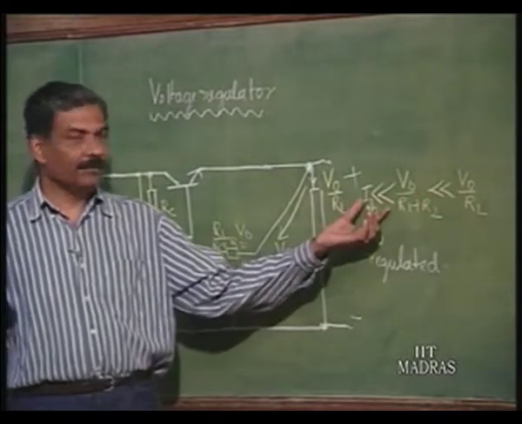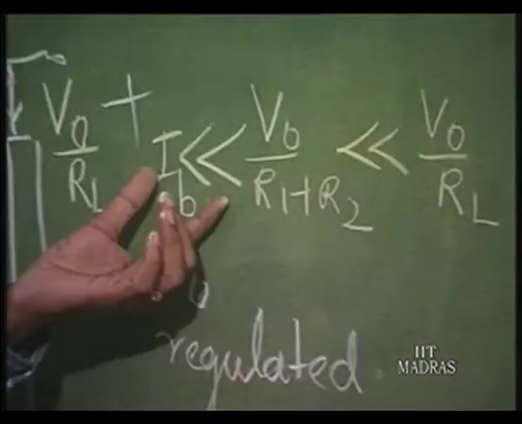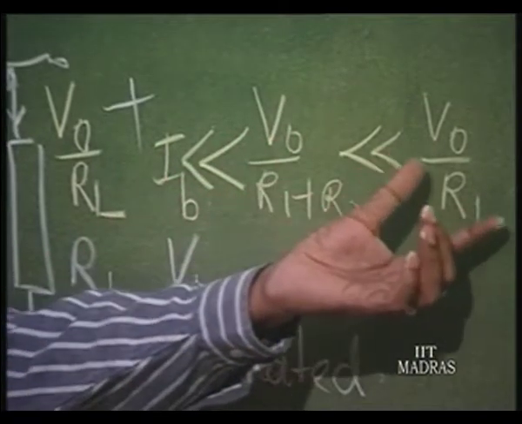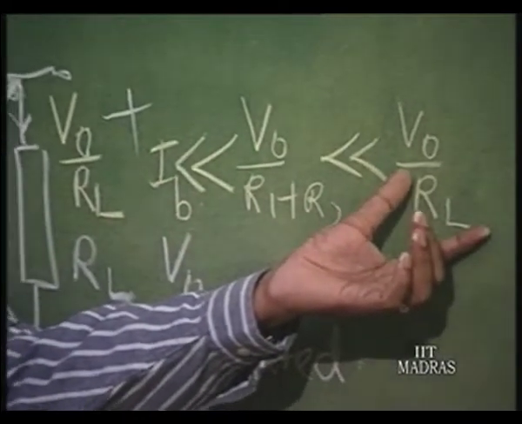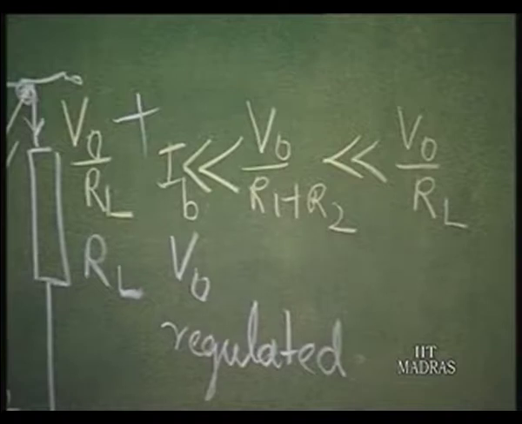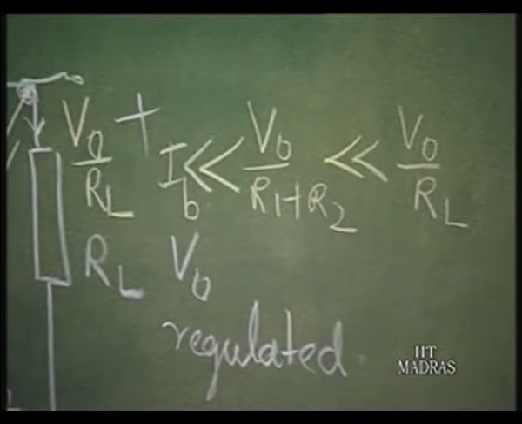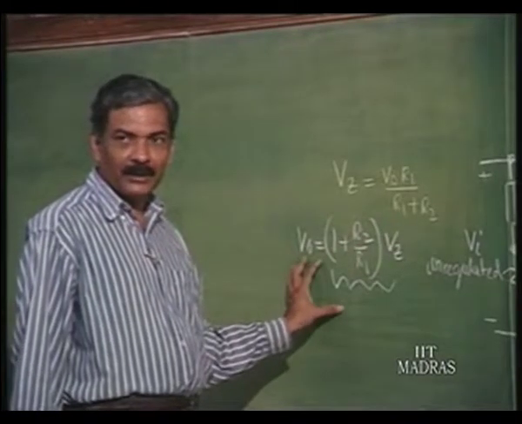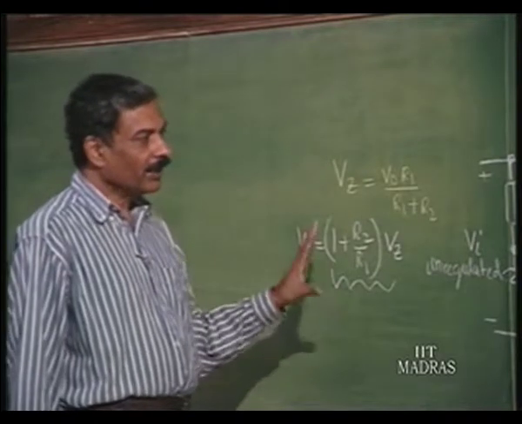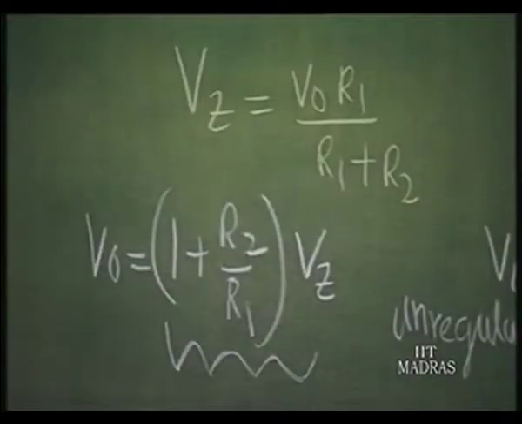It should be much greater than base current and it should be much less than the load current. And R1 by R1 plus R2 ratio is fixed depending upon the output voltage. So, R1 and R2 get uniquely fixed based on this.